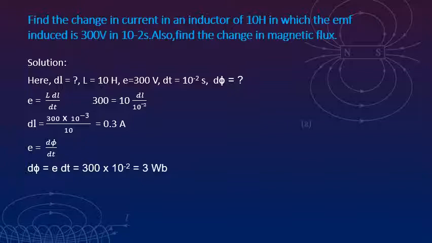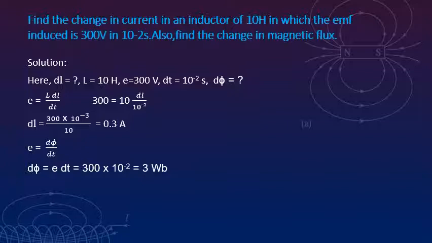Therefore, 300 is equal to 10 into di by 10 raised to minus 2, or di is equal to, on cross multiplying, we get 300 into 10 raised to minus 2 divided by 10. That will be equal to 0.3 ampere. Therefore, the change in current, we got it as 0.3 ampere.